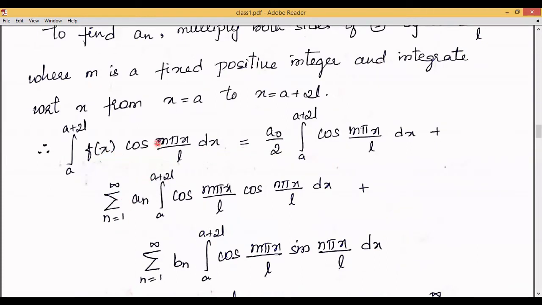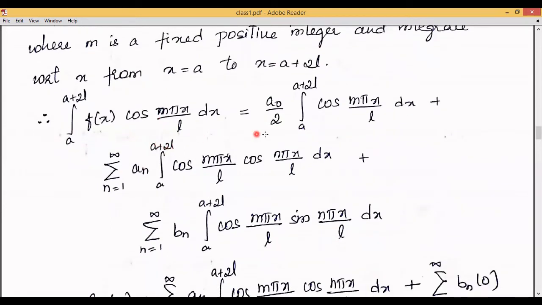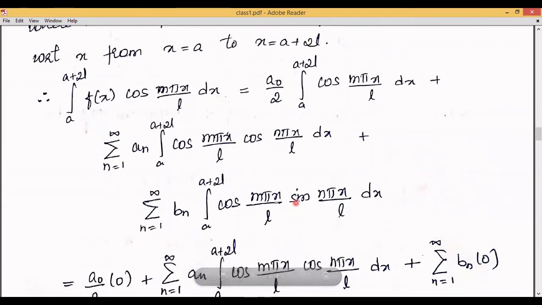Finally it looks like this after integrating. According to the basic results, this term will vanish, and also this term will vanish, and the left out thing is this.